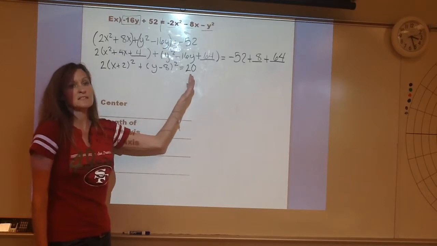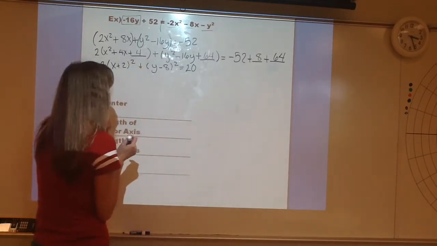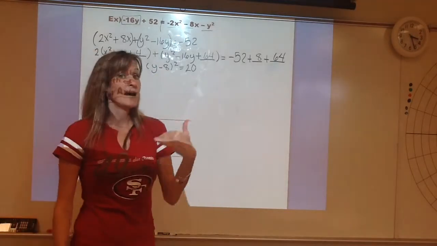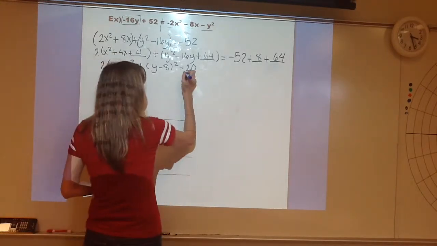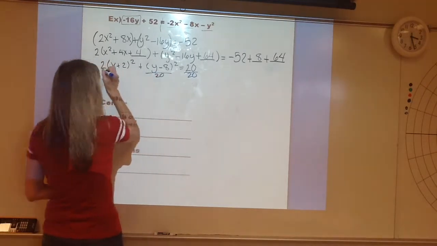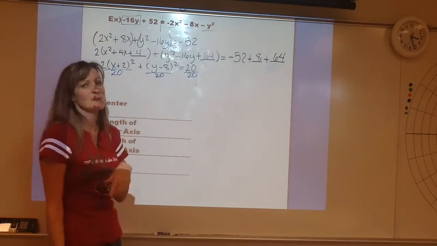We do not want this to be 20. We want our constant to be a 1. So if I need that to be a 1, I can make any number 1 by dividing it by itself, by whatever it is. Since this is 20, I can go through and divide everything by 20. To keep my scale balanced, I have to divide them all by 20. So this, and this divides by 20.